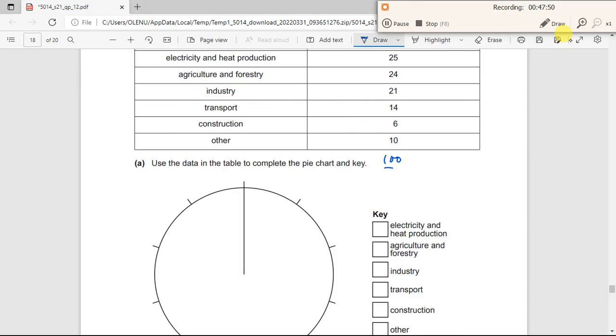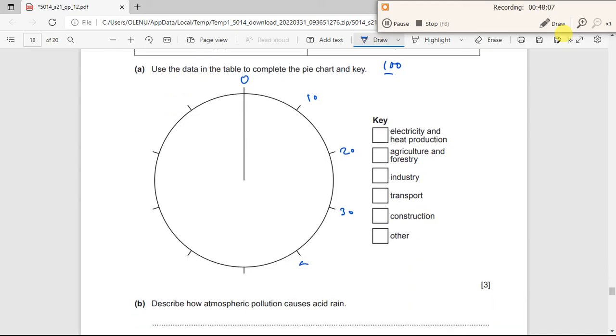The first question says use the data in the table to complete the pie chart. This is 100, so this is 0, this is 10, 20, 30, 40, 50, 60, 70, 80, 90, bringing me back to 100.